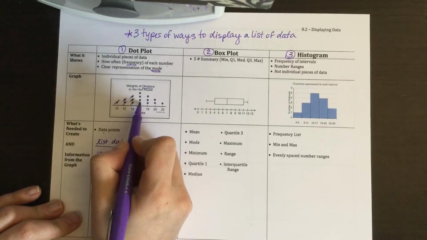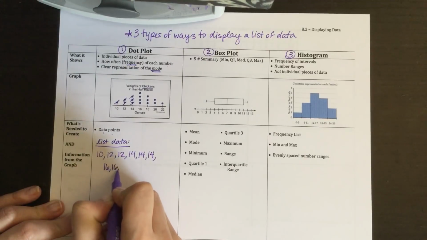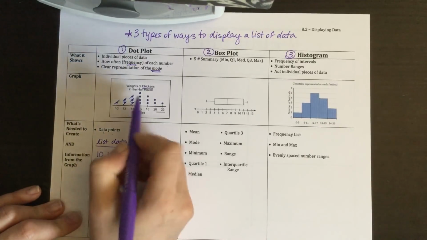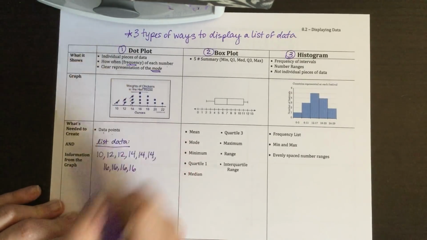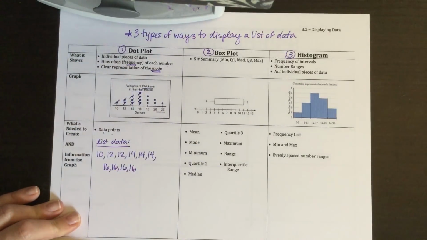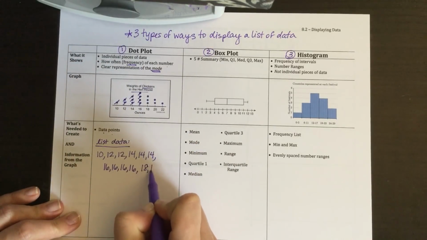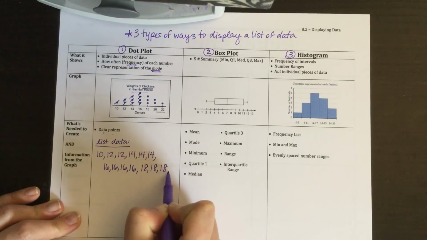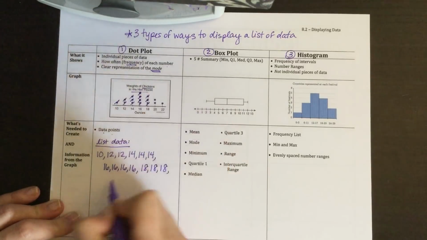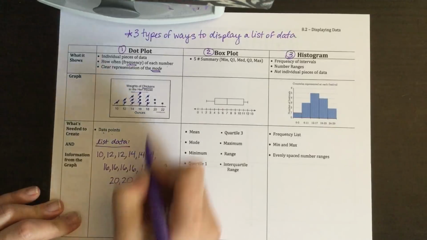We've got 4 that are 16. Notice that one happens the most often. It has the most dots on it. Okay, we've got 3 that are 18. Two that are 20 ounces. And 1 that's 22.